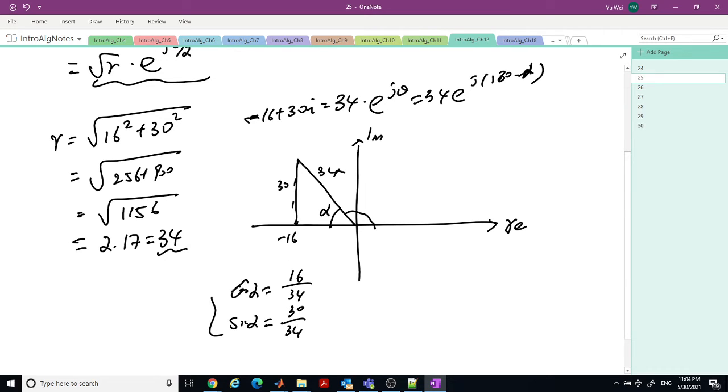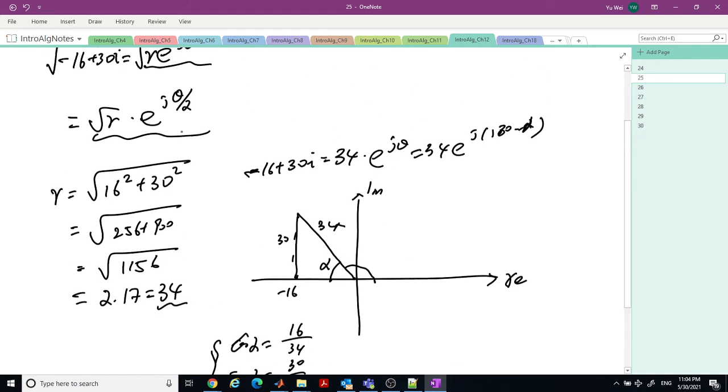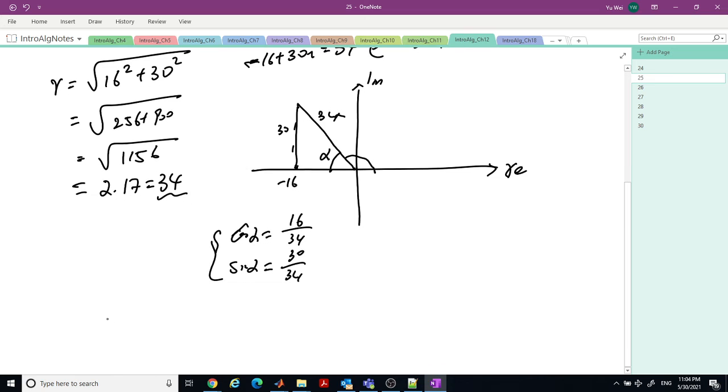We can write this, and now let's do the square root, right? So the square root of 34 e^(j(180 minus alpha)) is equal to root 34 then e^(j(90 minus alpha over 2)), right?